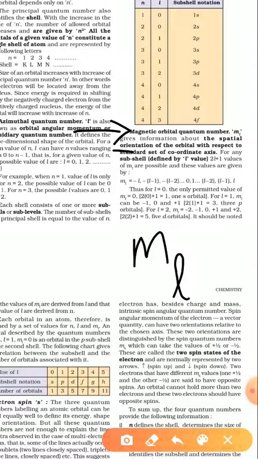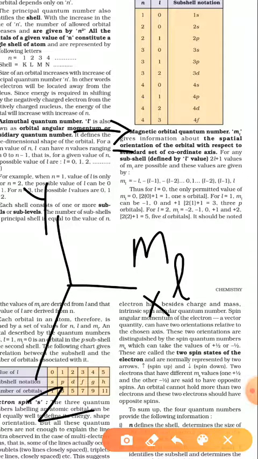We have this three-dimensional scenario, XYZ axis. So towards which axis is the orbital tilted? Is it towards the x-axis? Is it towards the z-axis? Is it towards the y-axis? According to three-dimensional geometry, which axis is it tilted or oriented towards? That is represented by the magnetic orbital quantum number.